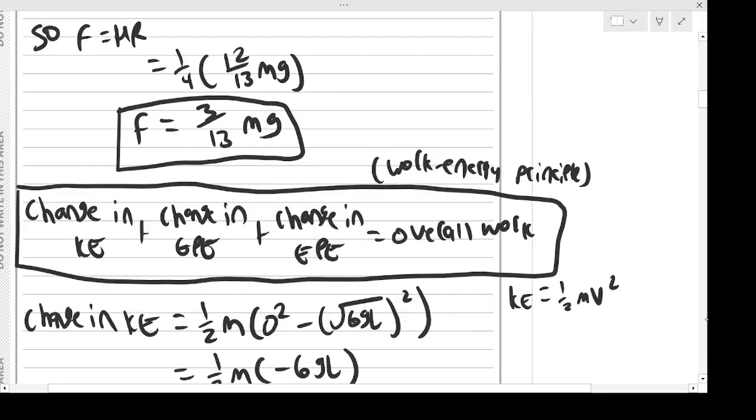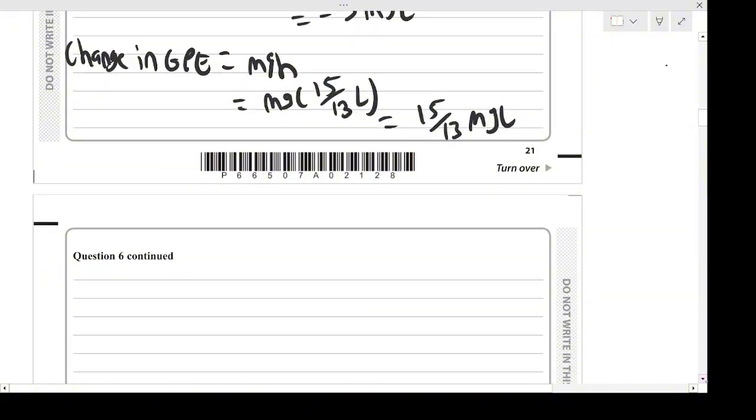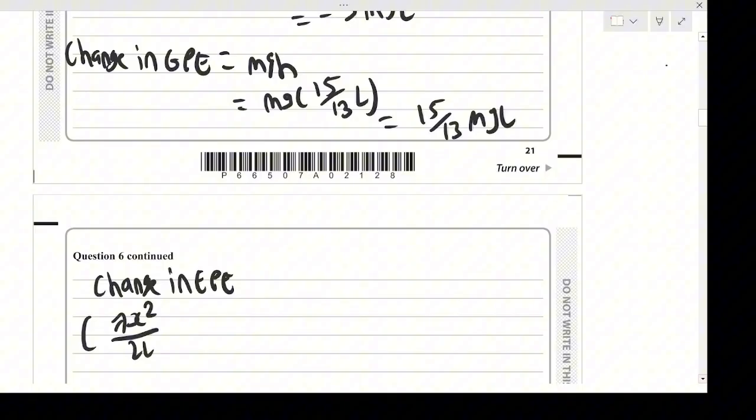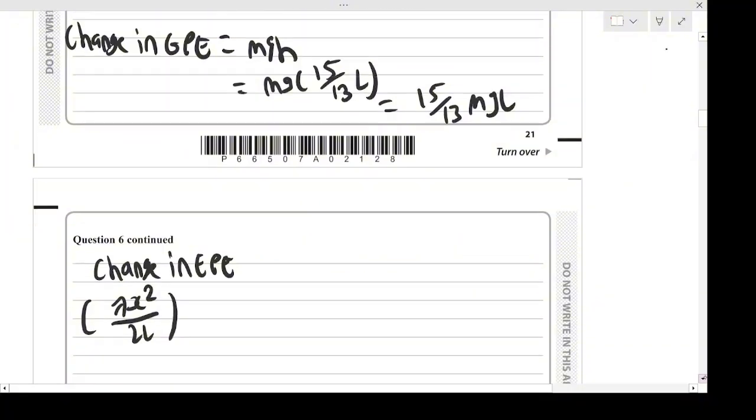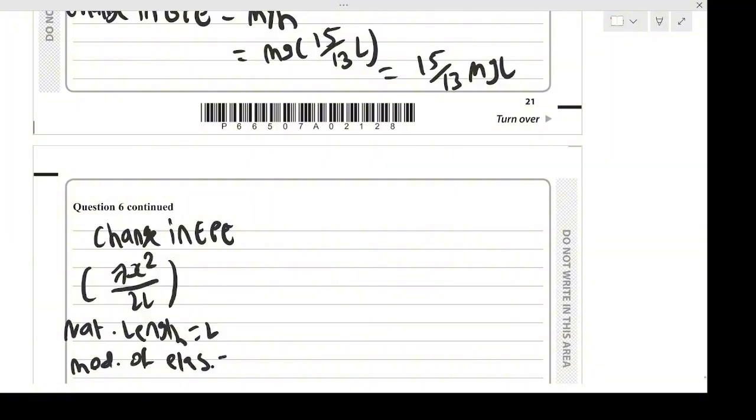Then lastly, the change in elastic energy. So remember, elastic energy has the formula lambda x squared over 2L. In this case, my natural length is L and my modulus of elasticity is kmg.